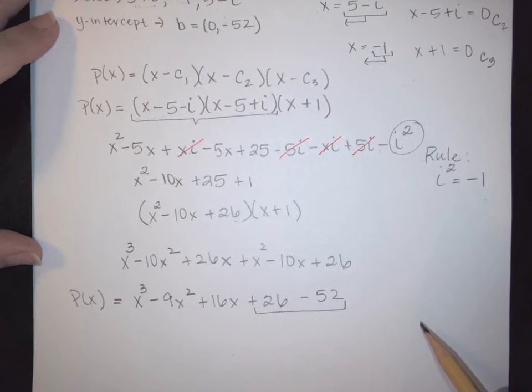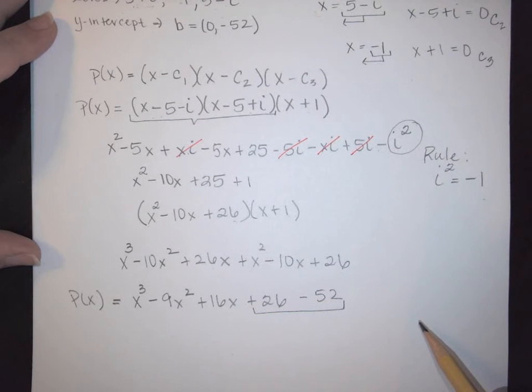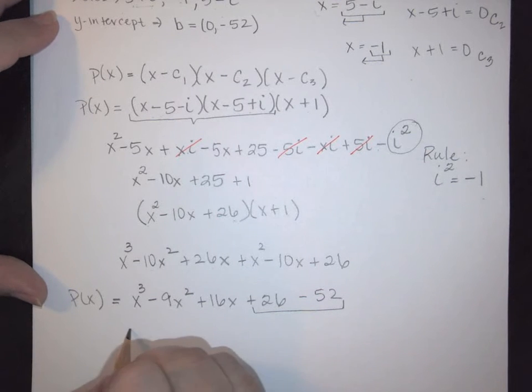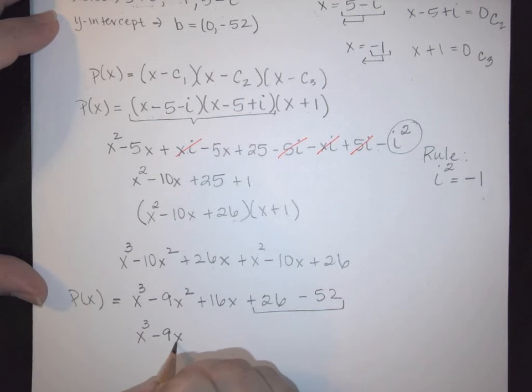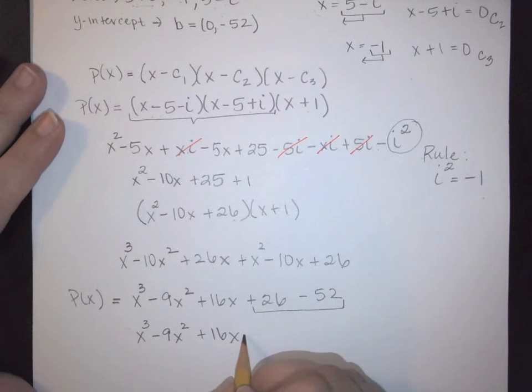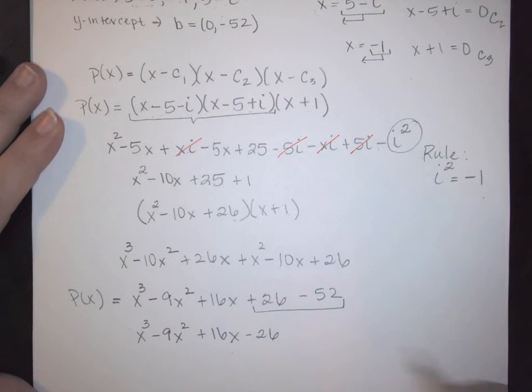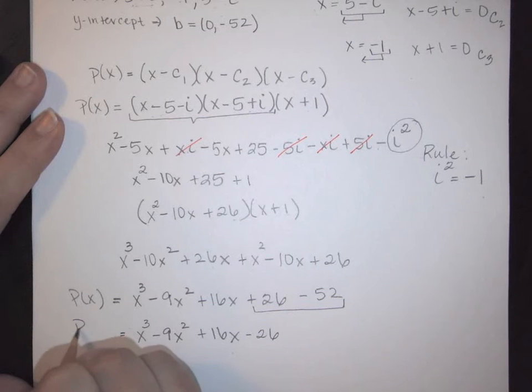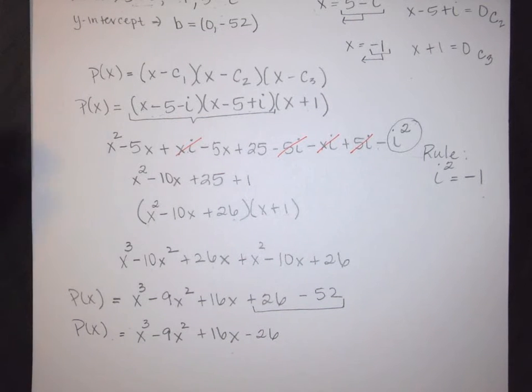Okay. So here you're going to end up with x cubed minus your 9x squared plus your 16x, and then combine. So we have 26 minus 52 is going to give you a negative 26. And this is going to be your polynomial function.